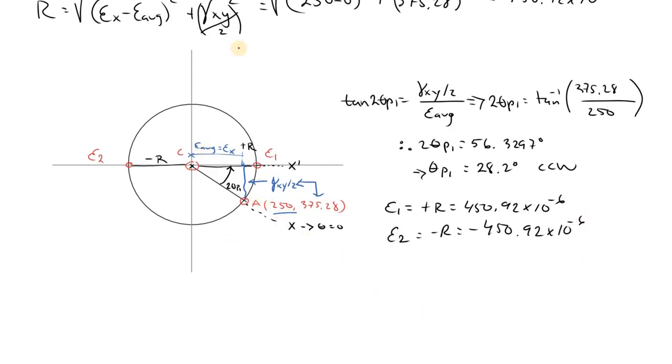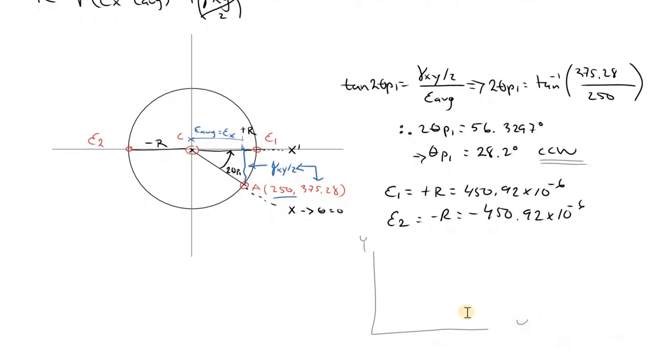Last thing we want to do for this part is to draw the transformed strain. I'm just going to do a small diagram down here. Original y and x, pretty standard. Our new transformed x and y. Just realized I wrote y down here instead of x.